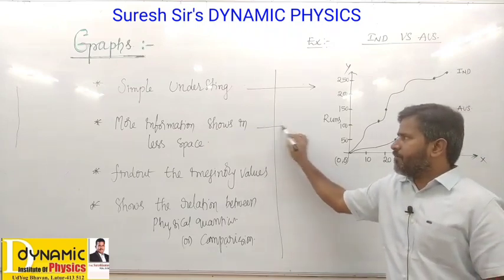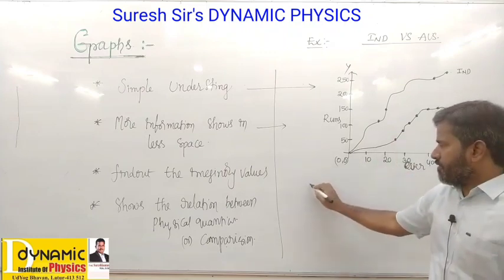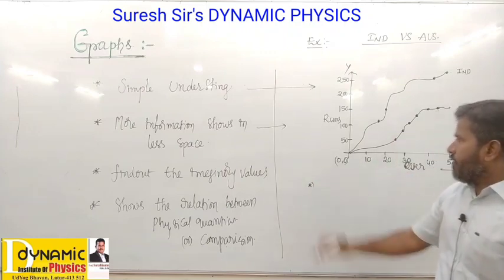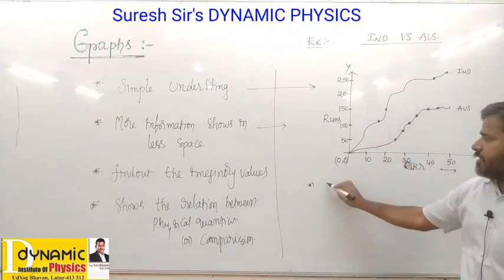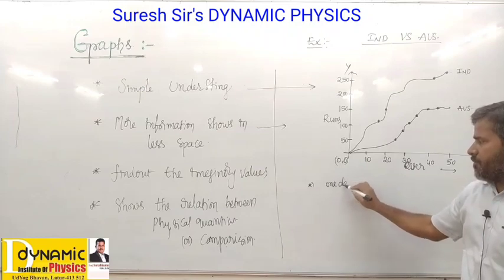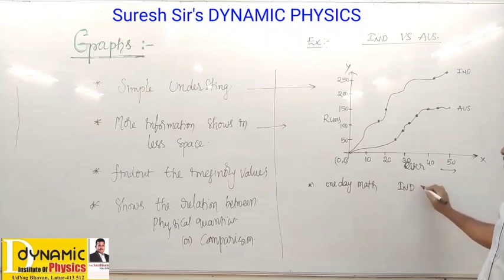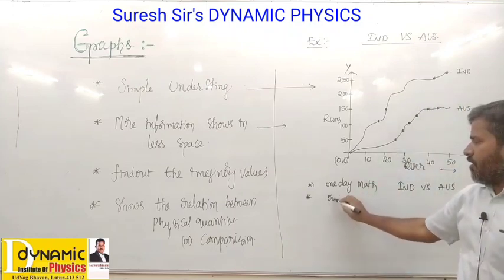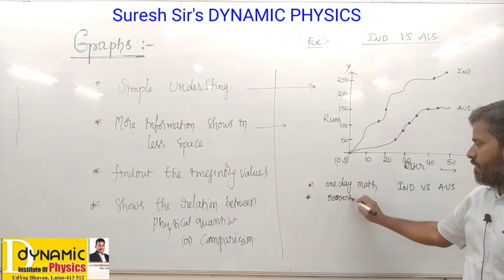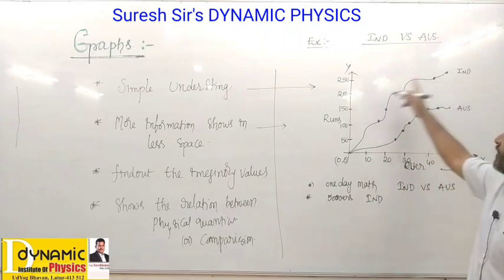And second, more information shown in less space. Suppose we write the total information. It is a one-day match, India versus Australia. In India's batting, out of 50 overs, India made 250 plus runs.